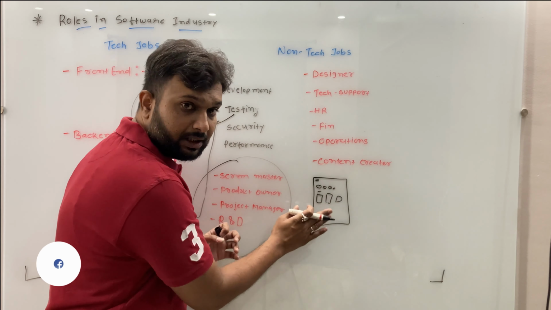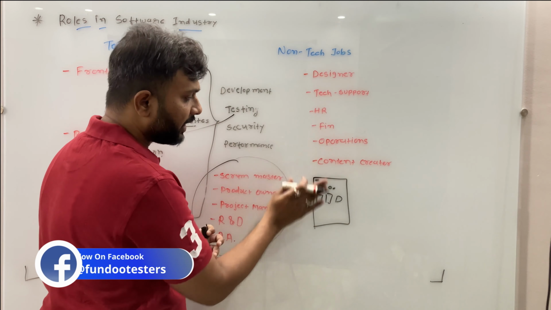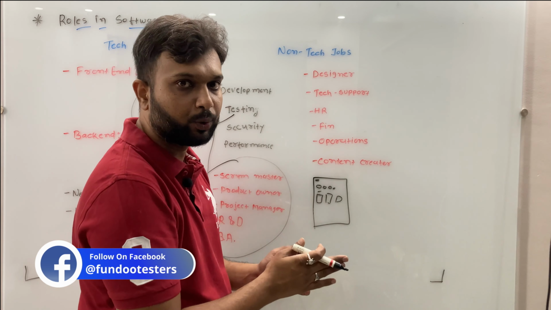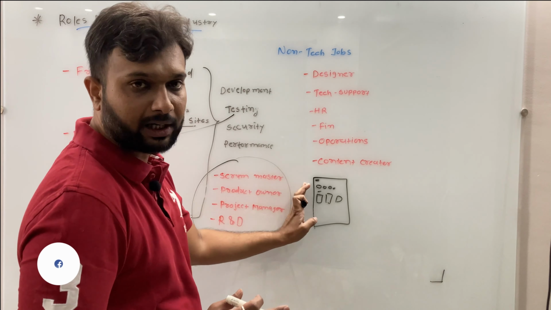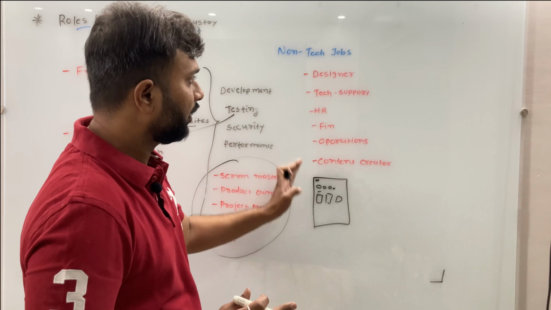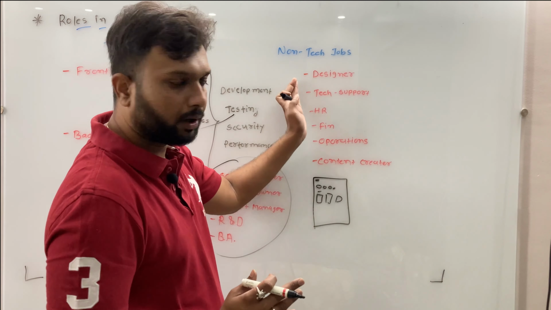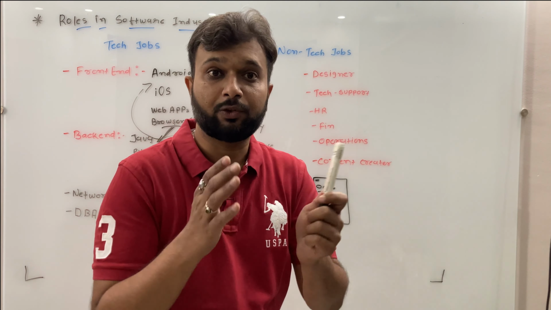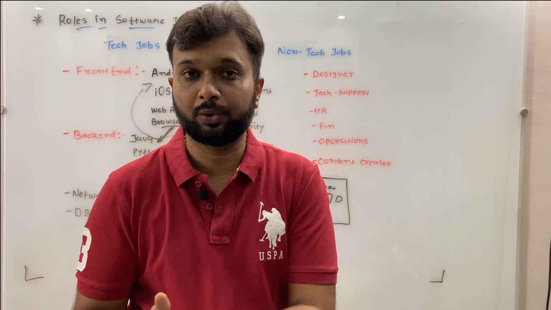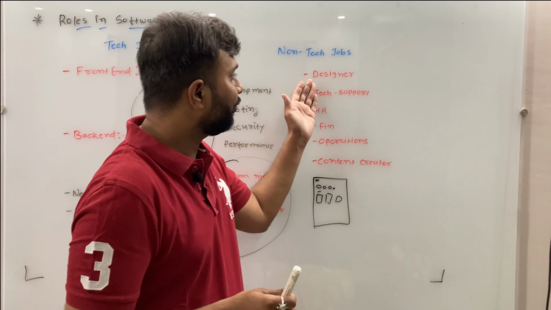So these things come from the designer. Basically the designer will create the design using a few tools, and later on the development and testing team will start working on this. So if you are comfortable with design, you have a creative mindset, and you can tell which one looks good and which one doesn't, then you can go with the designer role.